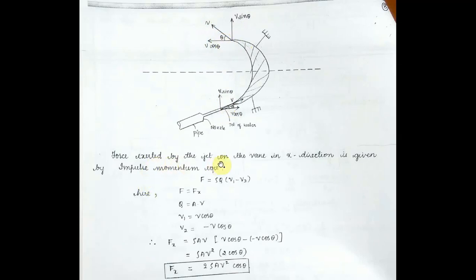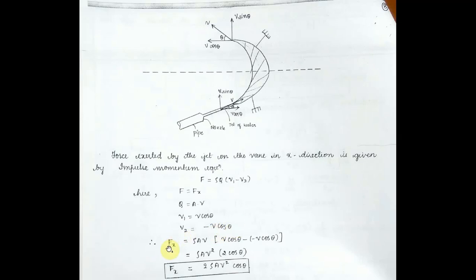Hence the force exerted by the jet on the vane in the x direction is given by the impulse momentum equation. Therefore F equals rho into Q into (v1 − v2), where F is Fx and Q equals a into v. Therefore v1 equals v cos theta and v2 equals minus v cos theta, opposite to the flow, that is why it is minus.